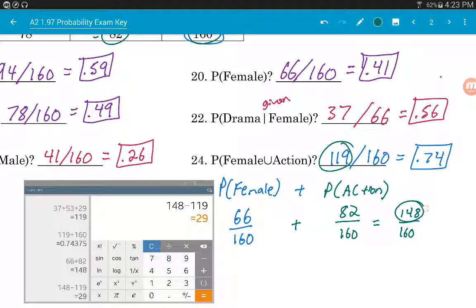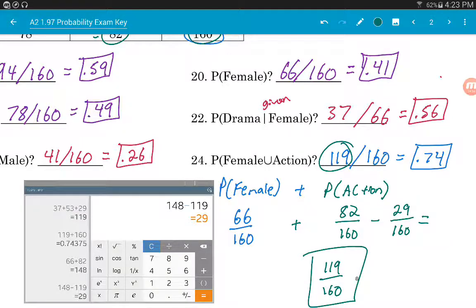Of course we did, because we would actually have to subtract off the intersection, because we've double counted it already, minus 29 over 160. And that would get me 119 over 160, which is the correct answer, which is this decimal.